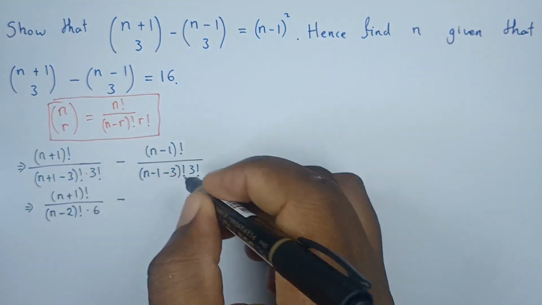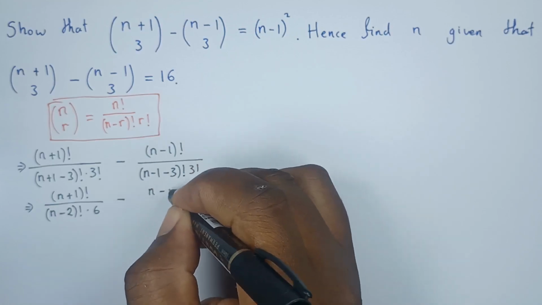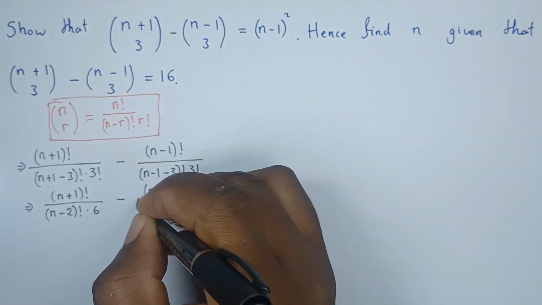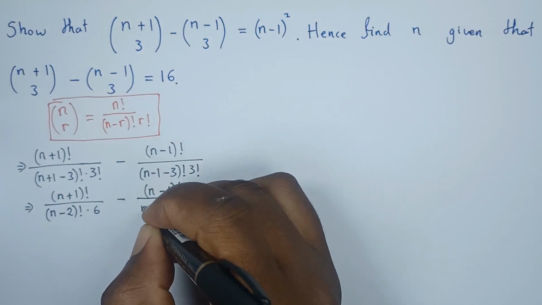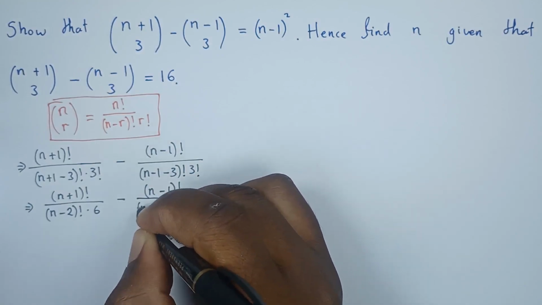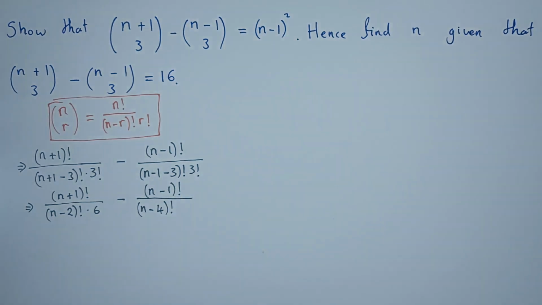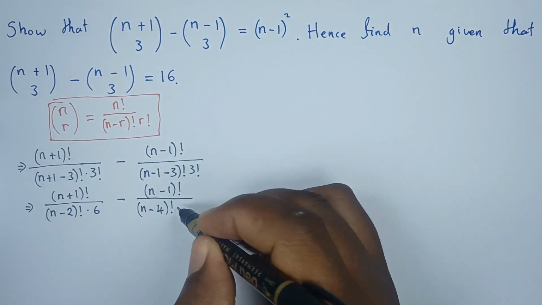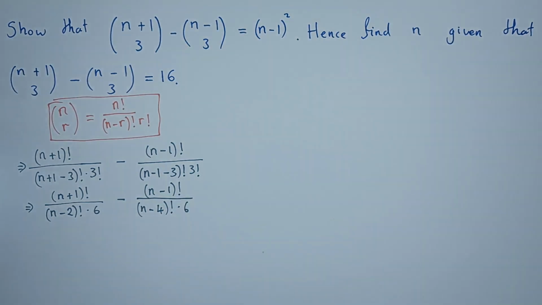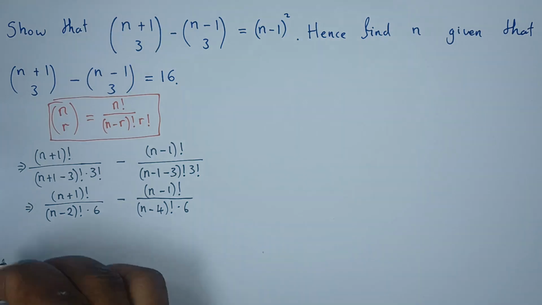So minus (n minus 1) factorial over (n minus 4) factorial. Again, 3 factorial is 3 times 2 times 1, which is just 6.